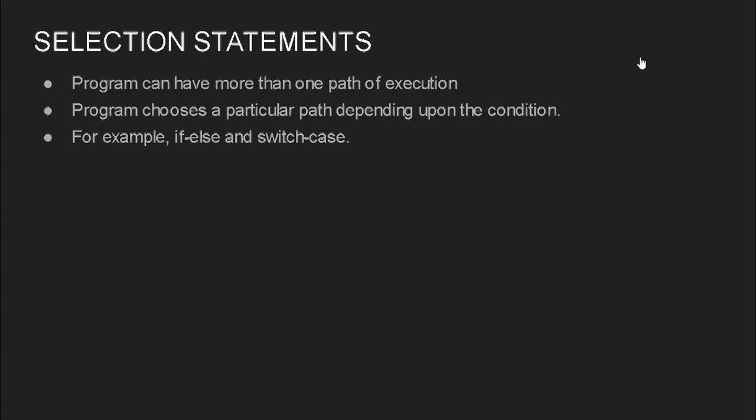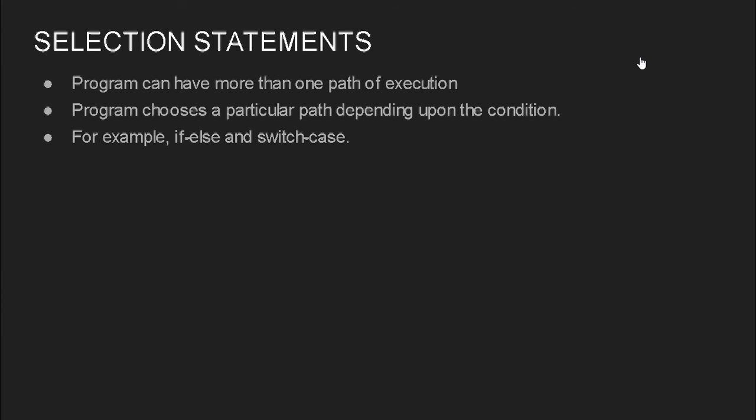Now let us talk about selection statements. One thing you need to keep in mind is that in a programming language like Java, a program can have more than one path of execution. This concept will be more clear when I use the IDE.